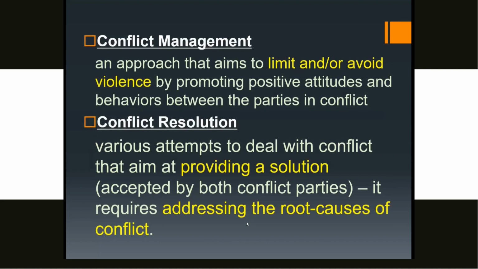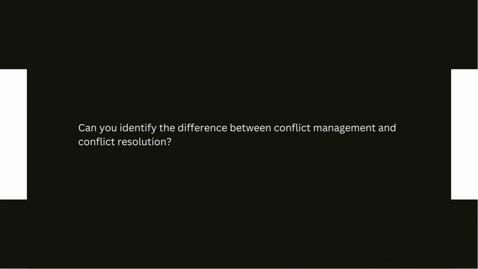Conflict management is to limit or avoid violence by promoting positive attitude and behavior between the parties in conflict. Resolution is to resolve conflict by addressing the root causes. Can you identify the differences? What do you think? Which is the ideal approach to conflict?